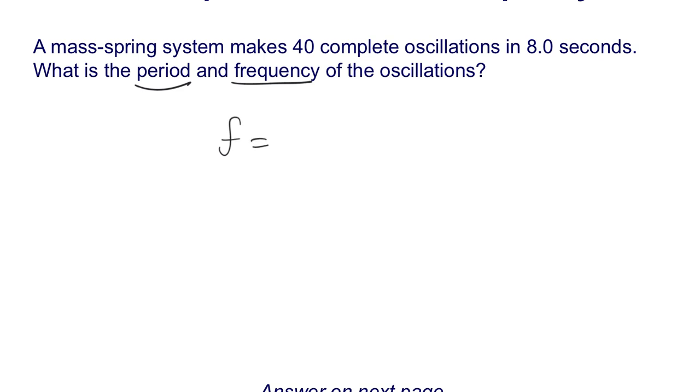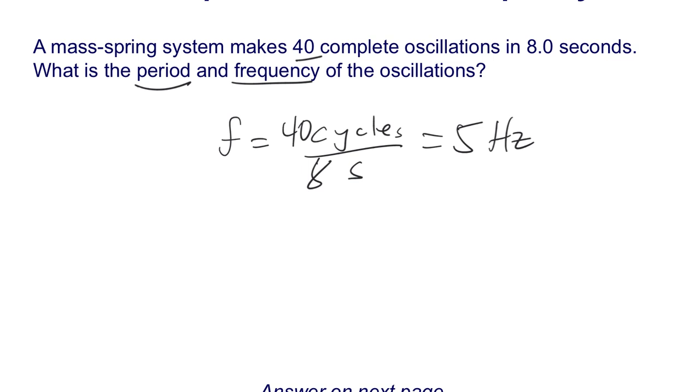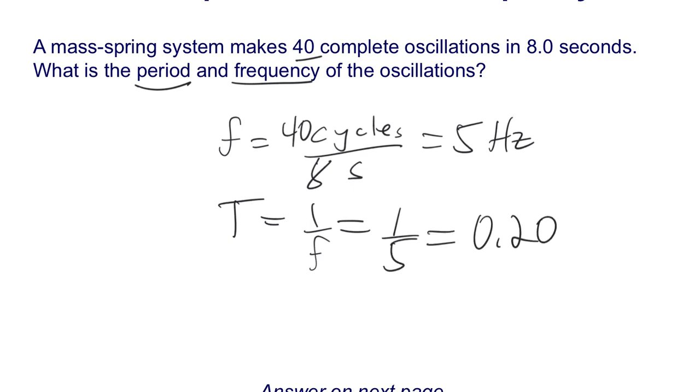Frequency is the cycles per time. I got 40 complete cycles in 8 seconds. So I'm getting 5 hertz, or cycles per second. The period would therefore equal 1 over f, 1 over 5, equals 0.20 seconds.